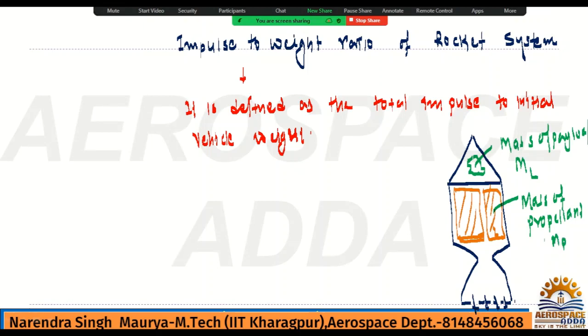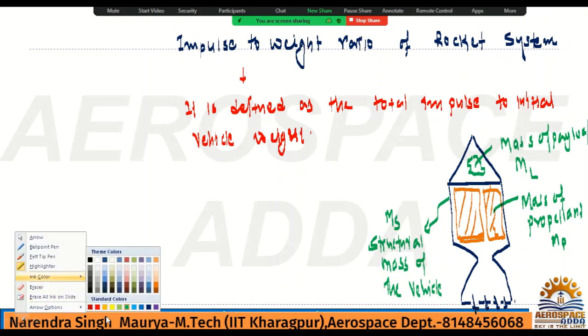And the structural mass of the vehicle will be denoted by ms. So what is the total initial weight then?